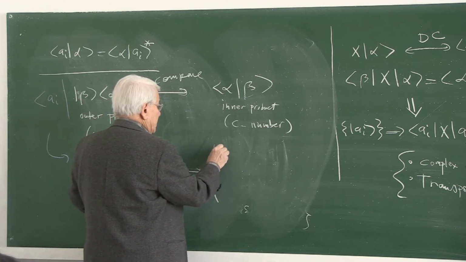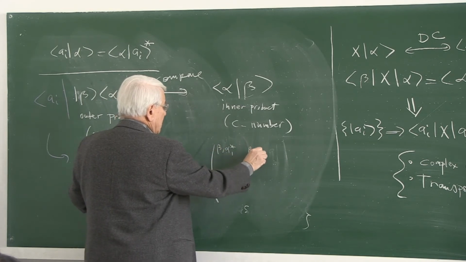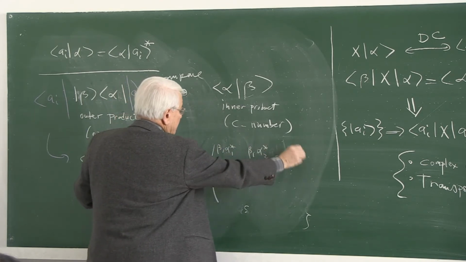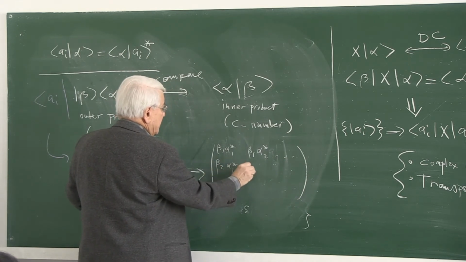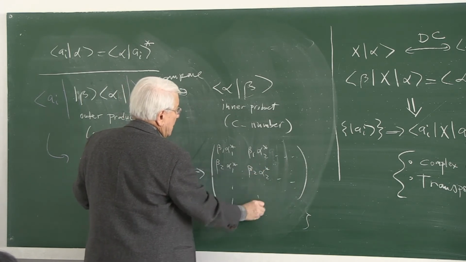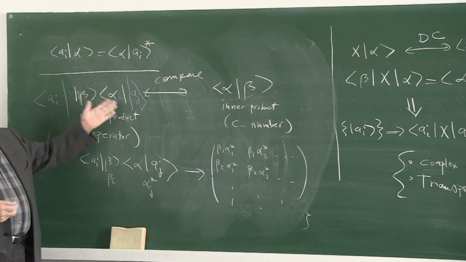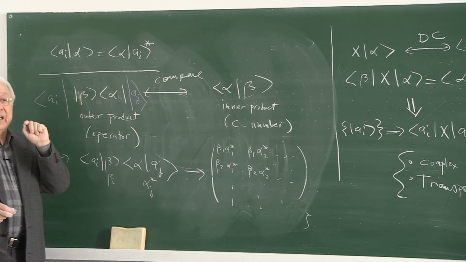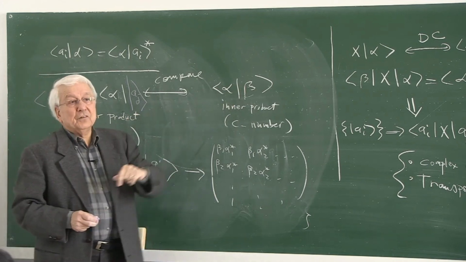So beta_1 alpha_1 star, beta_1 alpha_2 star, beta_2 alpha_1 star, beta_2 alpha_2 star, etc. So that's really the matrix representation you get for this beta alpha entity, which is obtained by taking the outer product.